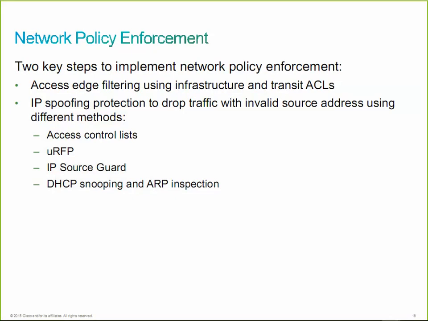Spoofing protection is a very important concept. When we're enabling or utilizing a protection mechanism for spoofing, we're trying to discard traffic that has invalid IP addresses. Now, we can't always guarantee that the traffic is valid or invalid, right?